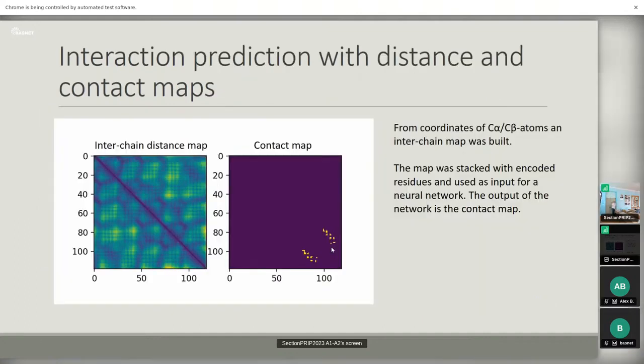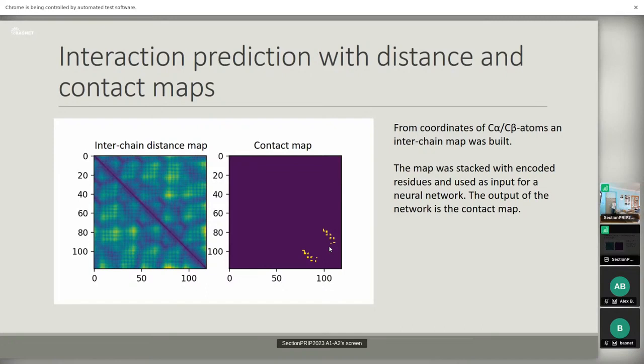One of the methods which we continue in our work is when we have a 3D model of a component, we take the coordinates of alpha-carbon atoms and build an intra-chain distance map.